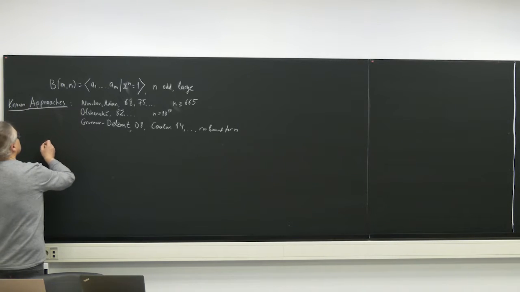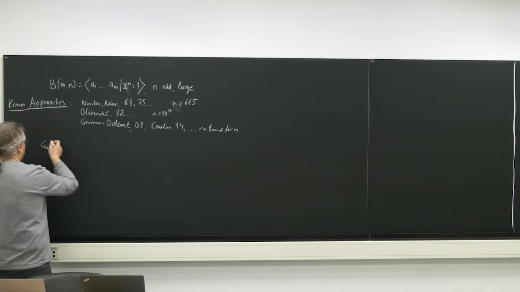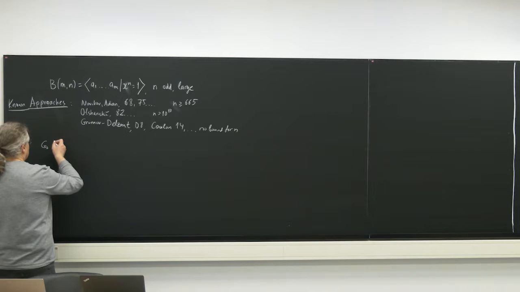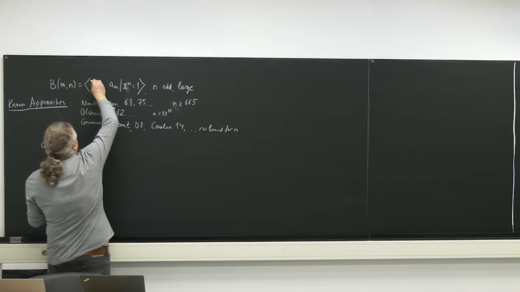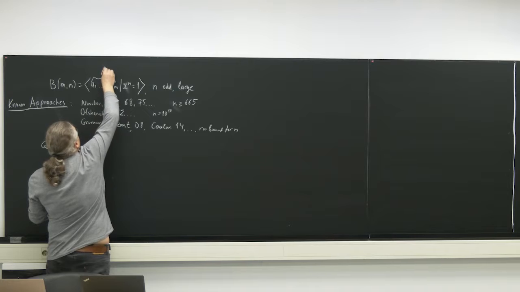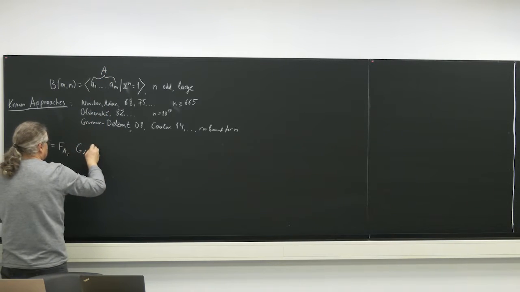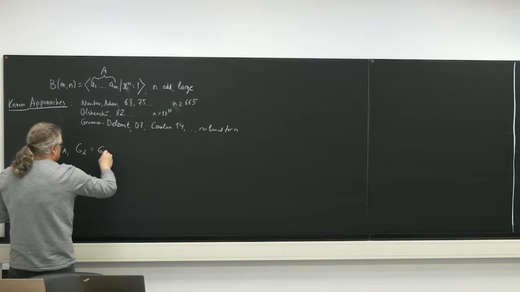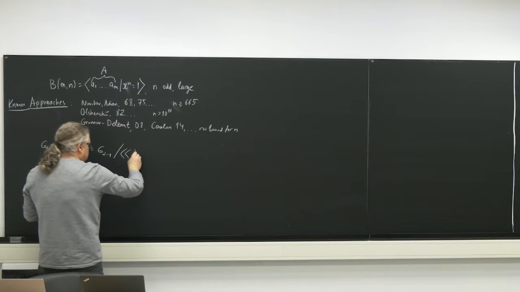We start with G naught, which I wrote in the previous talk: a free group with basis A, and G alpha is the quotient of G alpha minus 1 over some set of relators.